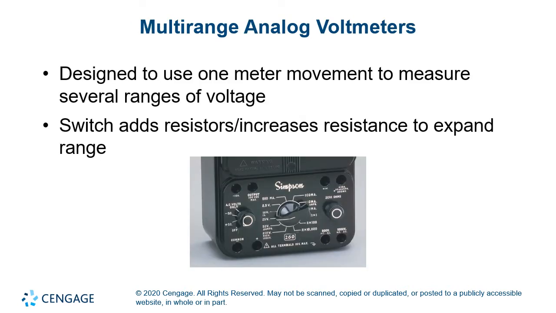Now, we want to make sure that the resistor matches the correct range of voltage, right? You couldn't use one resistor necessarily for all the volts, or when you get to very low voltages, you'd get very inaccurate readings.